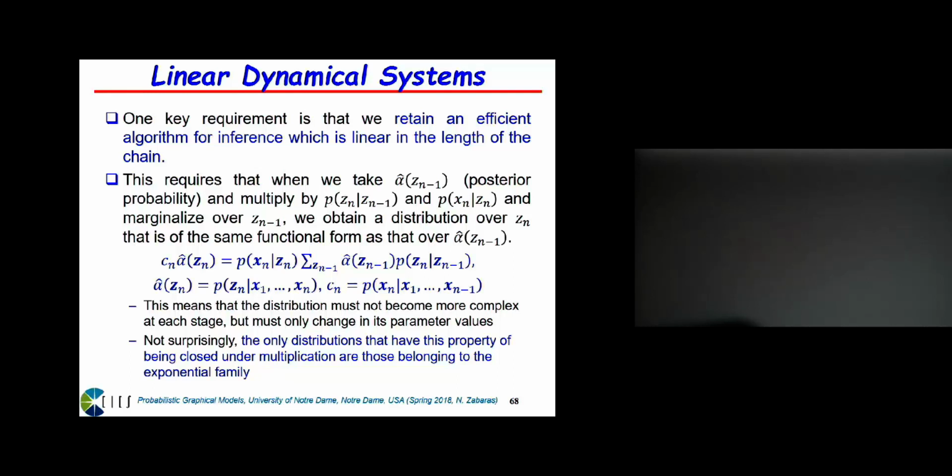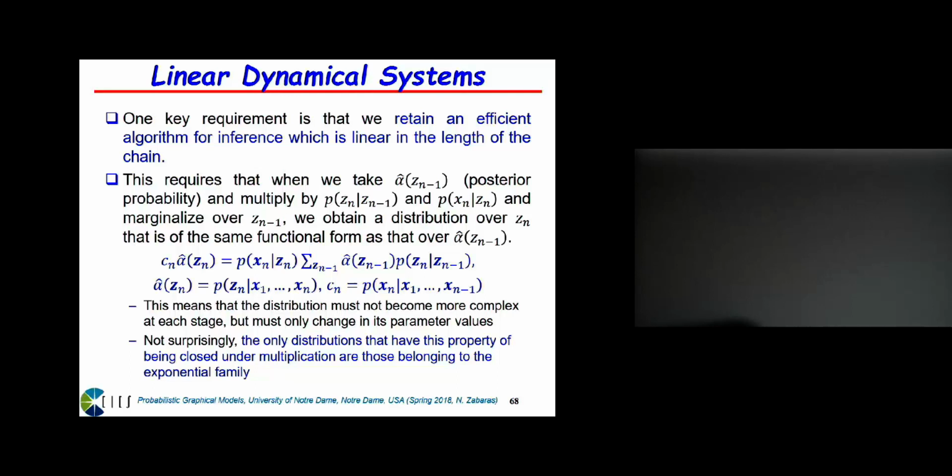All right, so you look at these equations, and obviously we're going to make that summation an integral, and we want to get a methodology to derive an inference algorithm that is linear in the length of the chain.